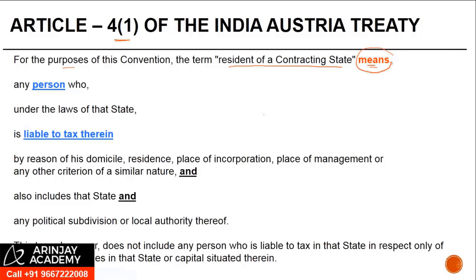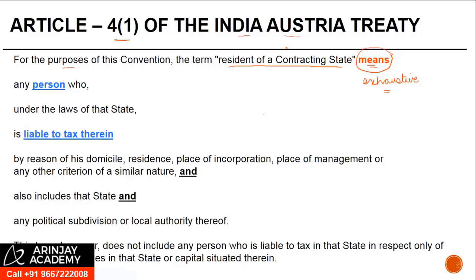What this implies is that for the purpose of the treaty, this is an exhaustive definition, right? Which means that if you are covered as a resident by virtue of this provision, then you are a resident of India or Austria, as the case may be, or of the two treaty partners.